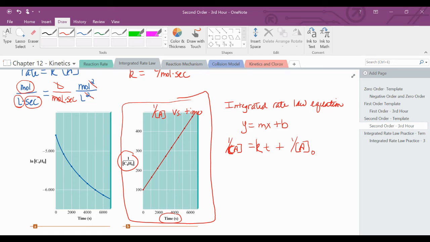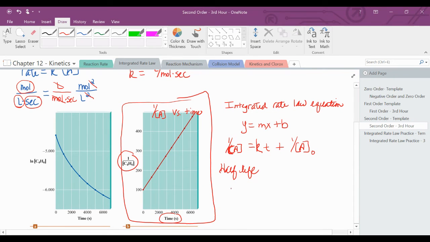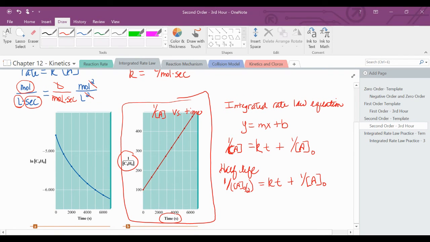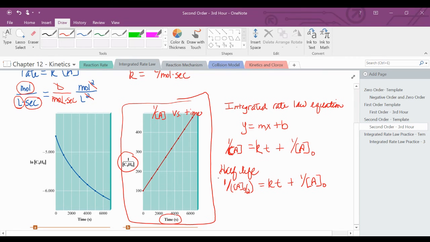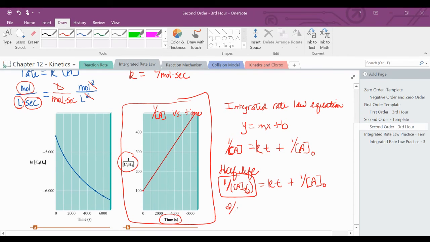Okay, so we're going to use our integrated rate law equation to derive our half-life equation. I'm going to rewrite my integrated rate law equation. If we're talking half-life, we're talking about taking half of the initial concentration. I'm going to flip this around so that it doesn't look so wonky.